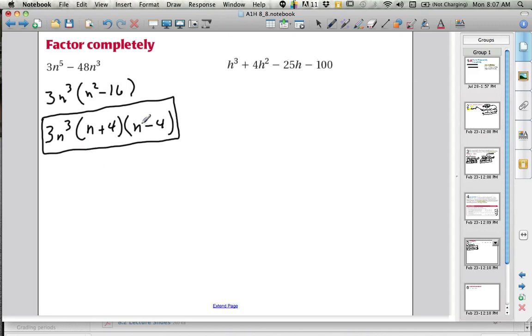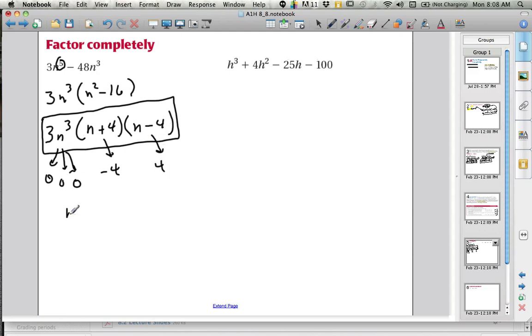Okay? If I wanted to go on and find the solutions, this is a 5th degree polynomial. I should find 5 solutions. There are 3 solutions here, 1, 2, 3. They're all 0. It's a repeated solution. Right? Remembering that I'm looking to see what will make each of the n's create something that equals 0.